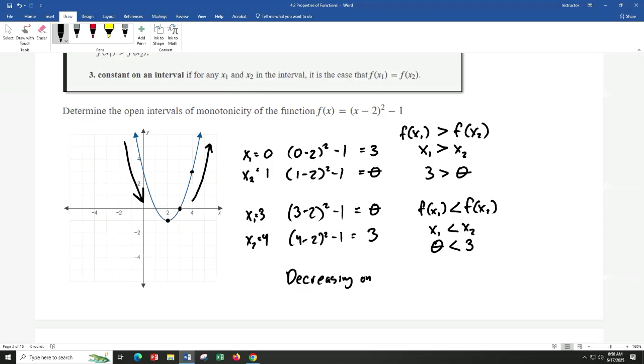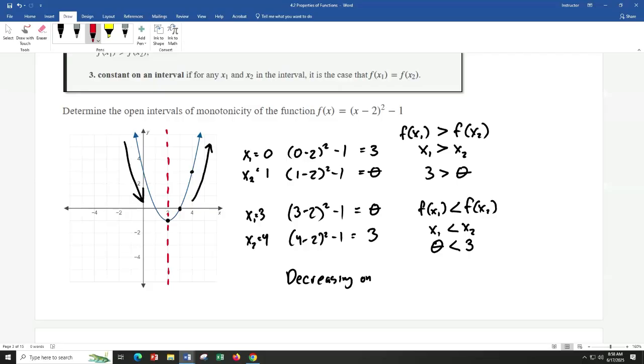Now remember, you can't use your test points. This thing, does it not have a line of symmetry? Right there, right? So what is happening from where x equals 2 when we go off to the left? What's happening? It's decreasing.